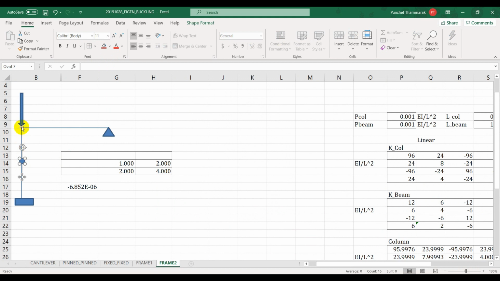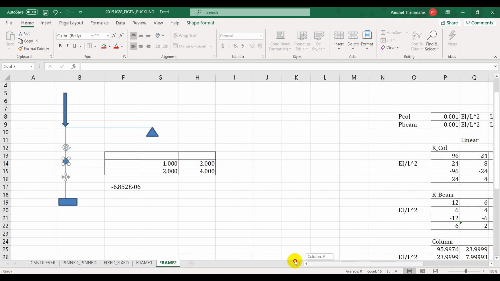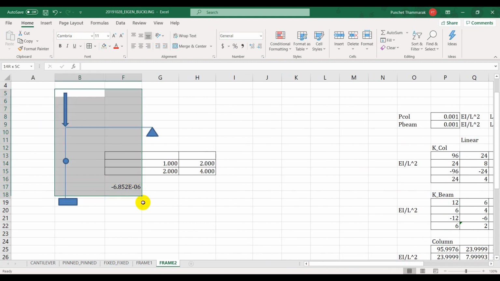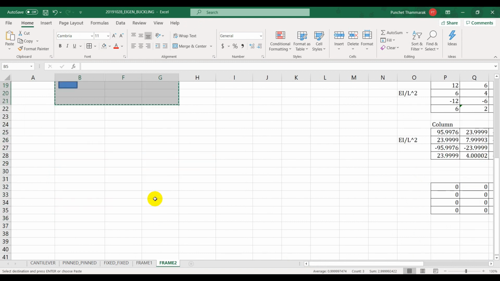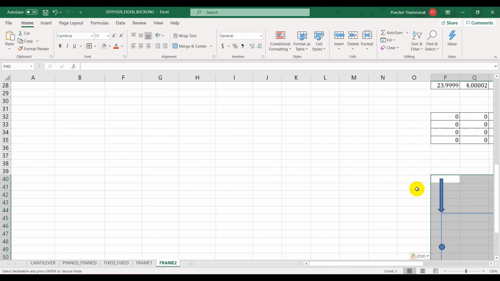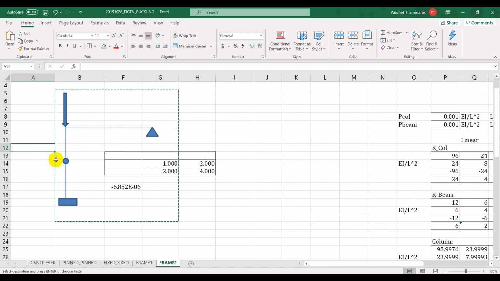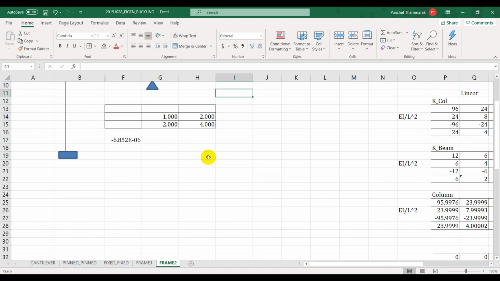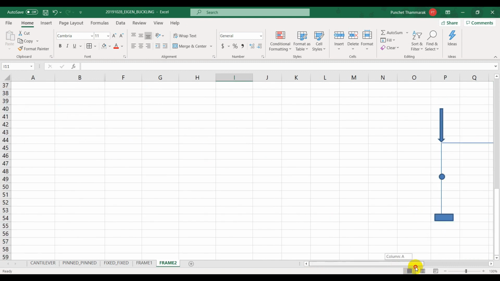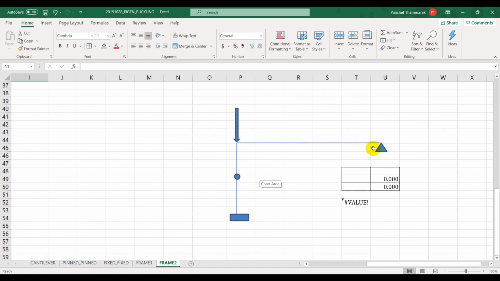This member, the first one, well, I think I have to define the degrees of freedom for you. And then I delete this because you might get confused.